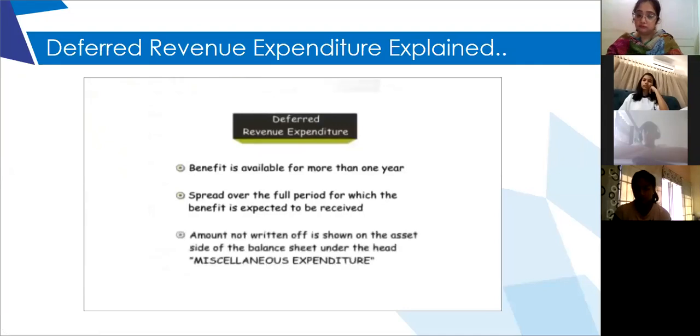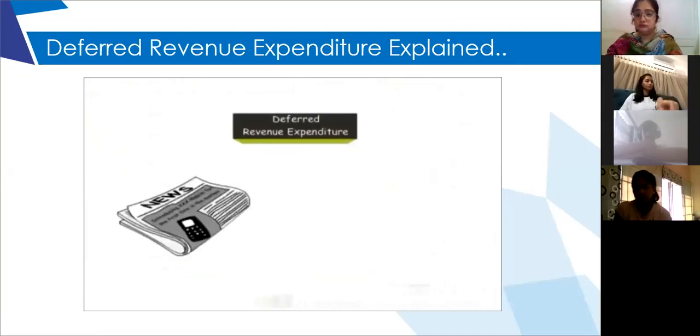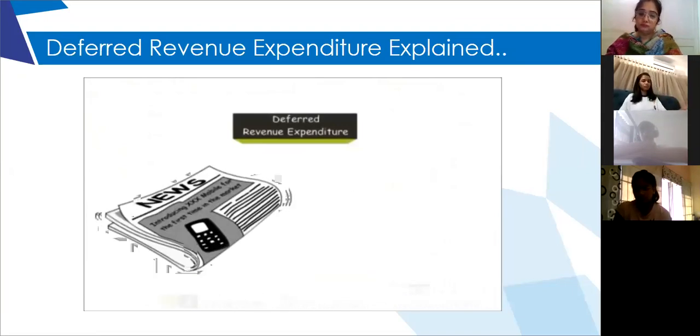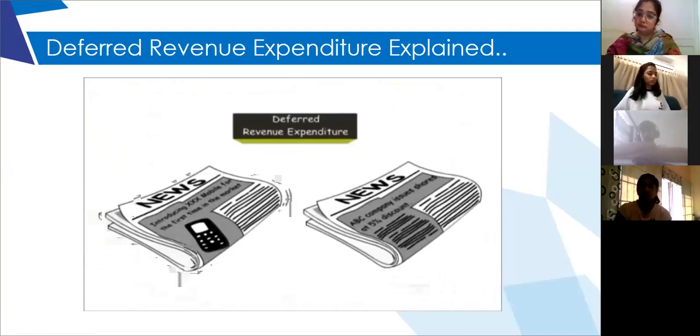The unwritten portion of deferred revenue expenditure is shown on the asset side of the balance sheet under the head Miscellaneous Expenditure. Bulk advertising expenditure for the launch of a new product and discount on issue of shares and debentures are a couple of examples of deferred revenue expenditure.